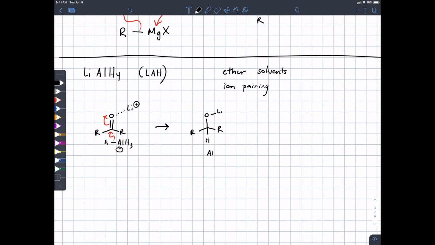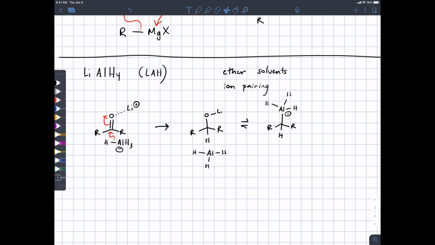And often now, aluminum hydride is just AlH3. Aluminum is just one row on the periodic table below boron. So this aluminum has an empty p orbital and is a pretty good electrophile. And so what likely happens is that the oxygen, the negatively charged oxygen that I'm showing chelating the lithium, can instead exchange with the aluminum to generate this species.